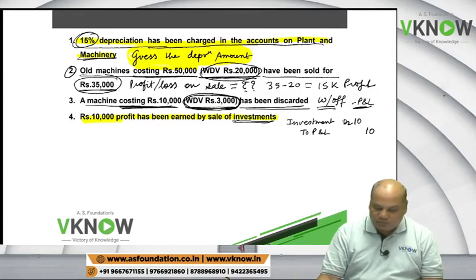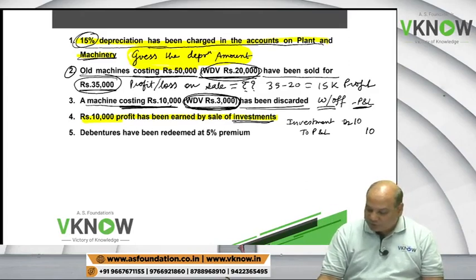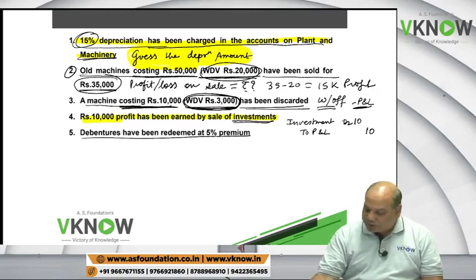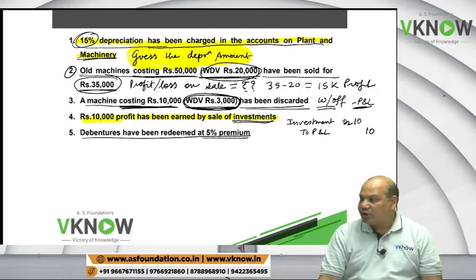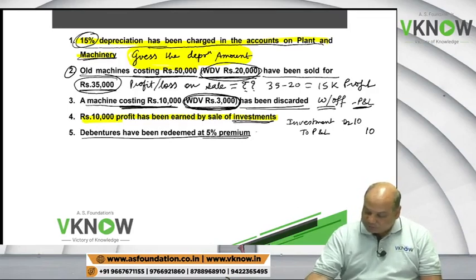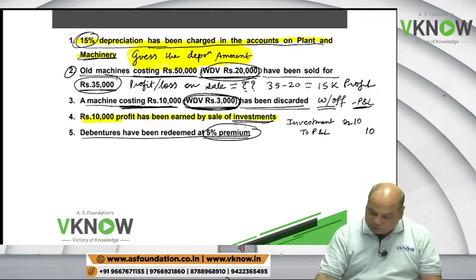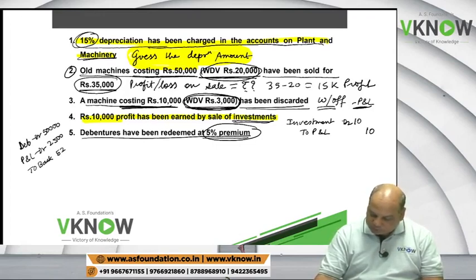They have some adjustment. Then debentures have been redeemed at 5% premium. The entry for this will be debenture account debit 50,000, P&L account debit 2,500, to bank account 52,500.